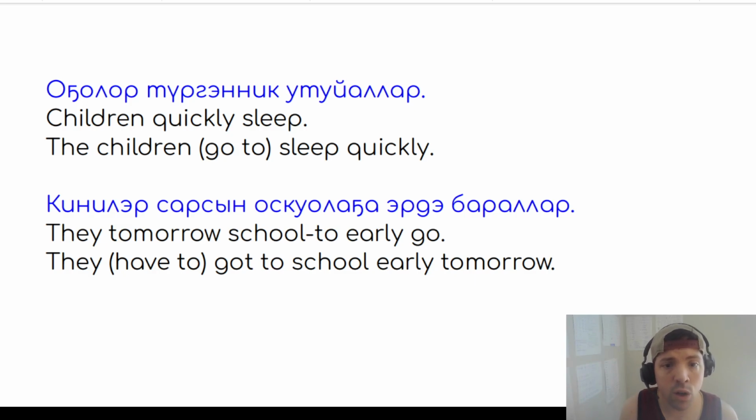Kiniler sarsen asqualaga erde parallar. They have to, but literally, I have a typo. If you're reading it, it should say go to school, not got to school. So they go to school early tomorrow, or they have to go to school early tomorrow.